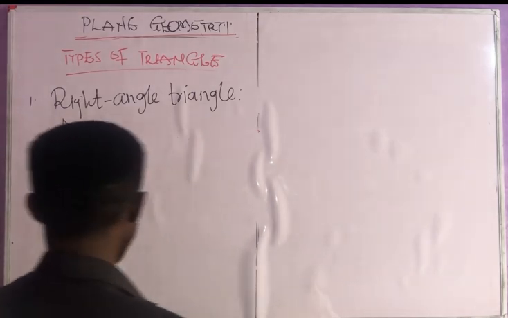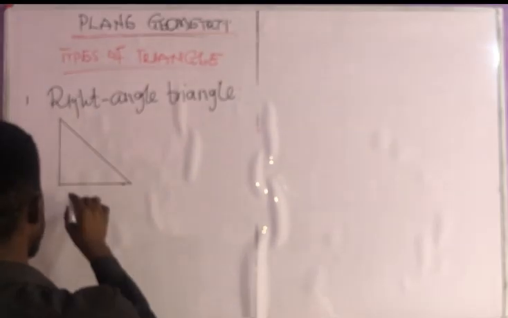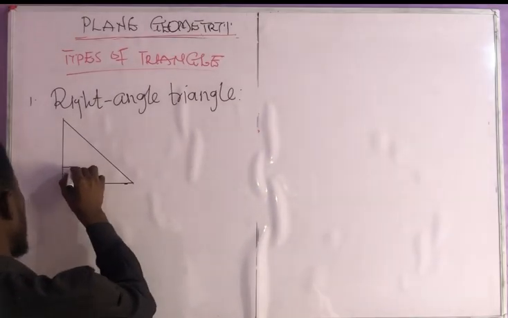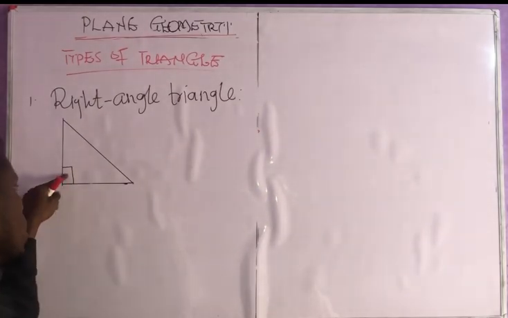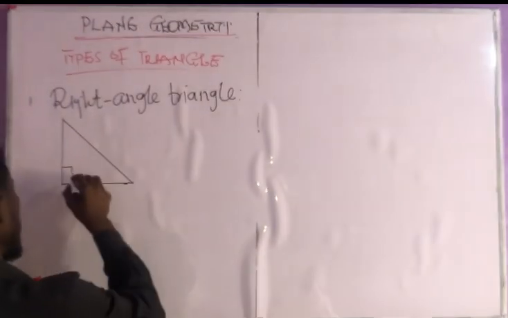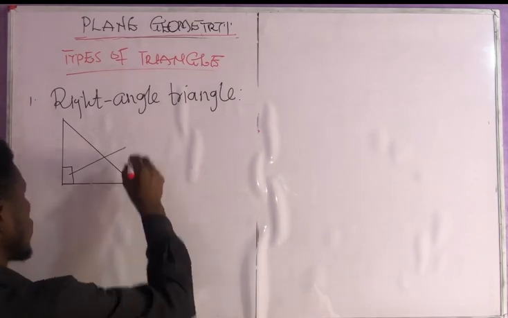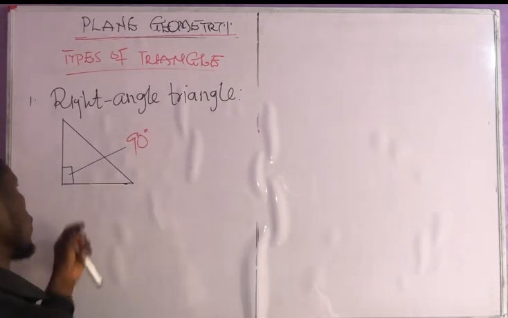Okay, so this is how the diagram looks like, and at the corner here, there's a symbol for 90 degrees. So we are saying that this is 90 degrees.